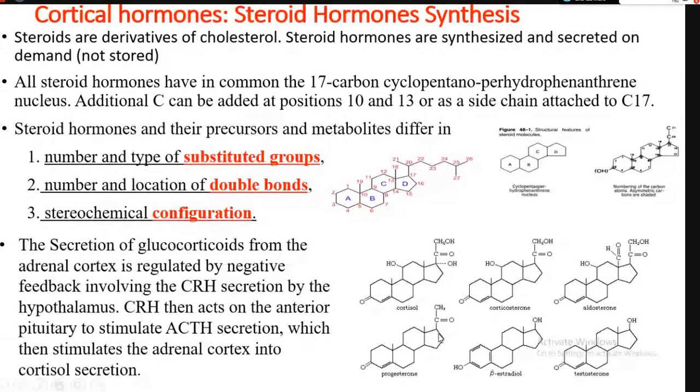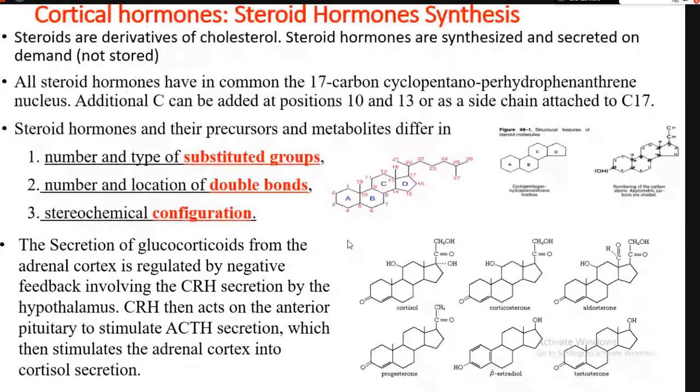And this progesterone has this group, acetate group. You can see some modification will be there. Cortisol has this OH and CO, methylene group. Cortisol has this important group, and corticosterone also has the same group here. But there is an aldehyde group here, the 18th position, aldosterone.